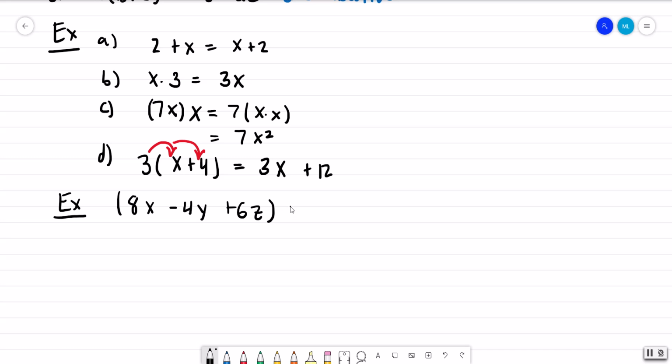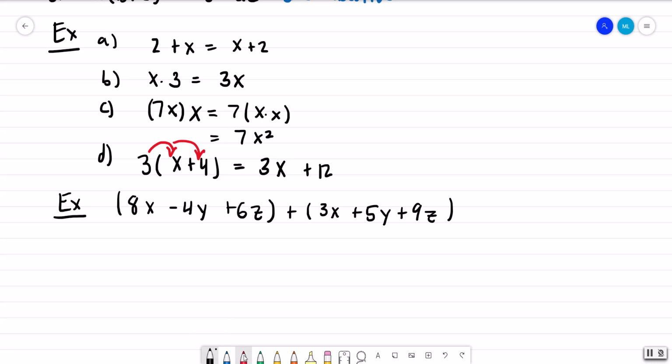And then let's say that we have another set of parentheses, and in this case you have 3x plus, not 4, but 5y plus 9z. And that's going to be it. Okay, so we'll just close that.